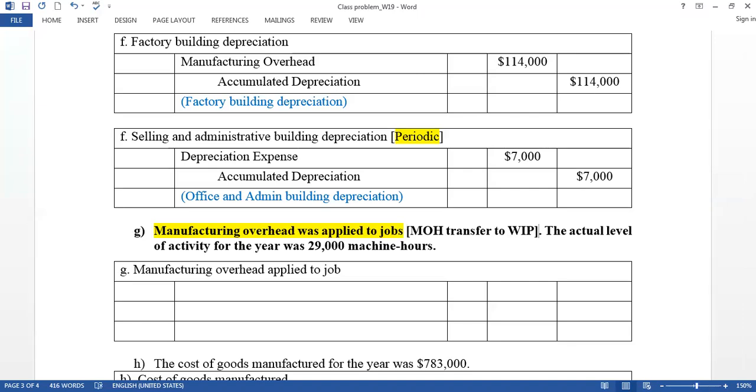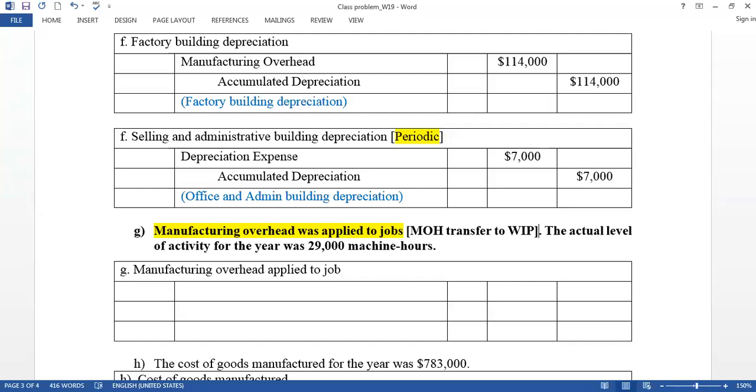This is called the flow of cost. Now manufacturing overhead includes all indirect materials, all indirect labor, and all other factory cost. Now we are going to transfer this manufacturing overhead to WIP. But we cannot wait for the end of the month or end of the year, because we don't know what is the actual amount.